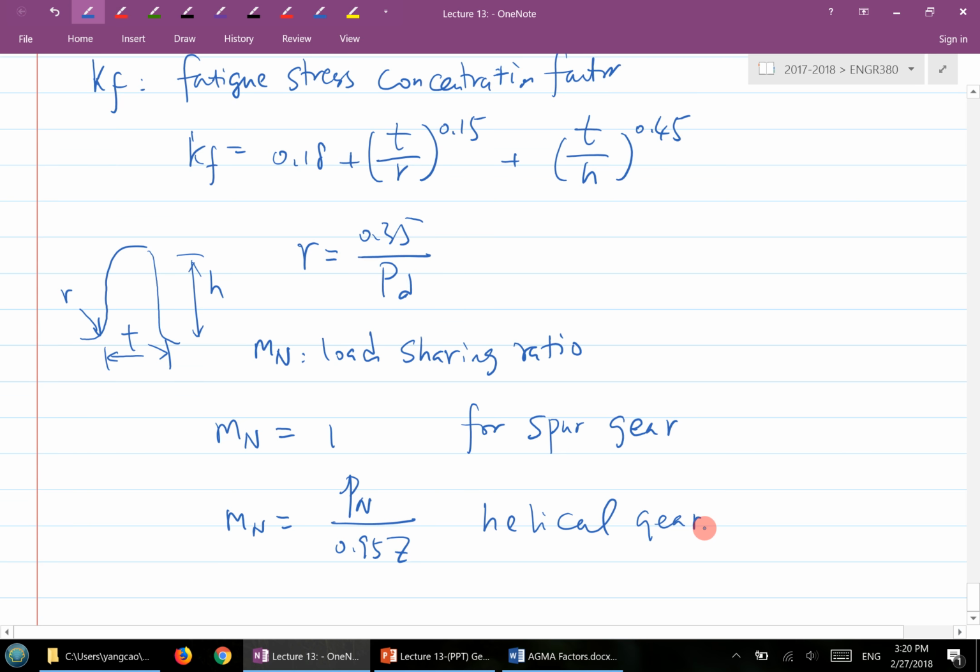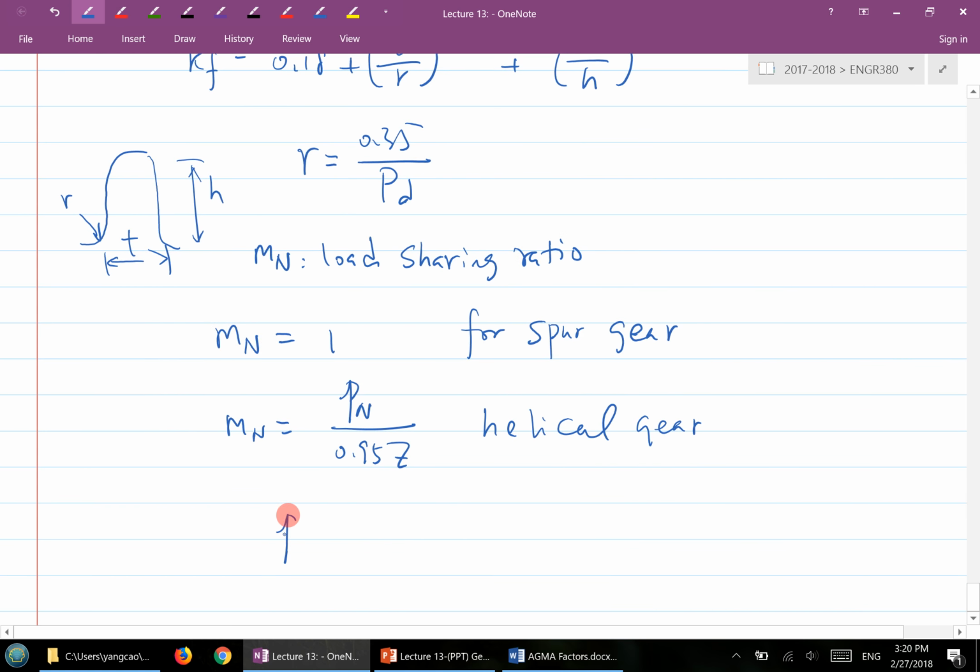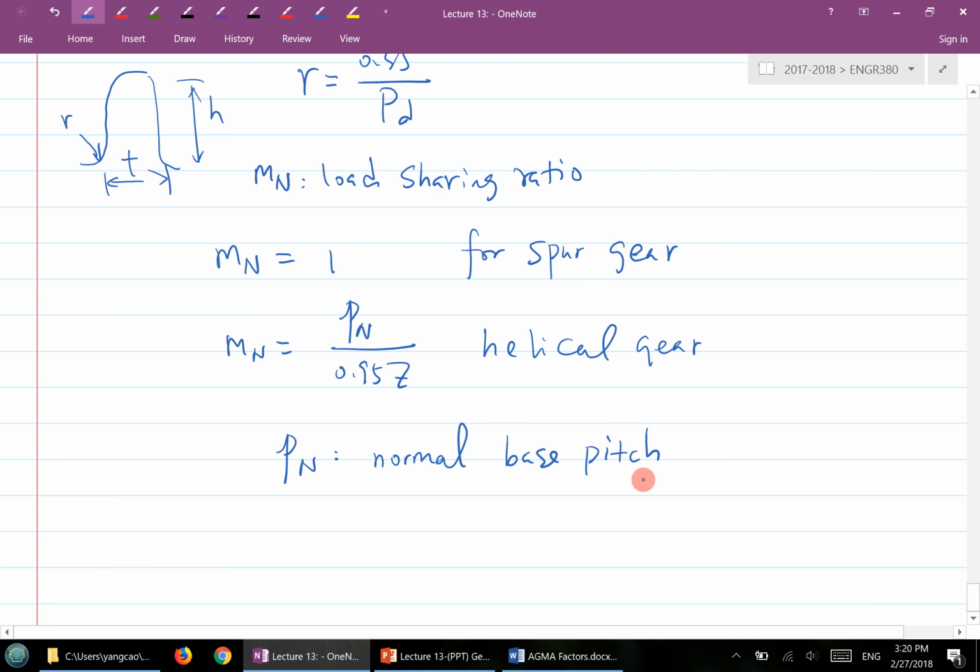There are a lot of symbols flying around here. The Pn here is called the normal base pitch. For helical gear, there are two planes: one is the normal plane, one is the transverse plane. This is basically within the normal plane, the pitch value along the base circle.